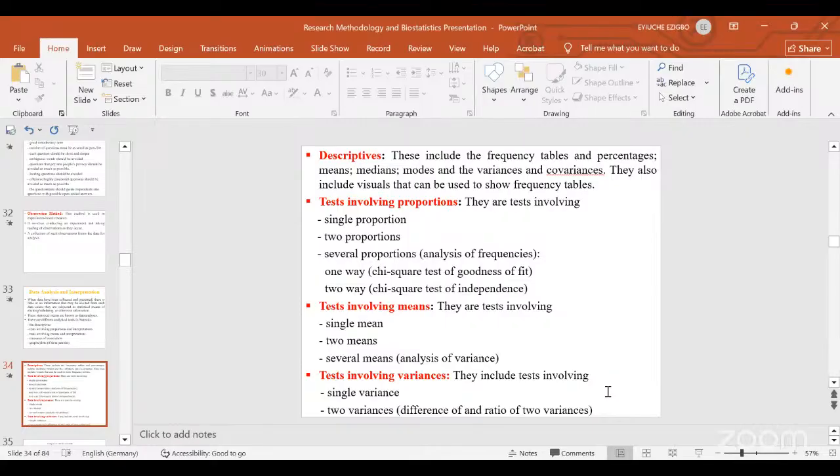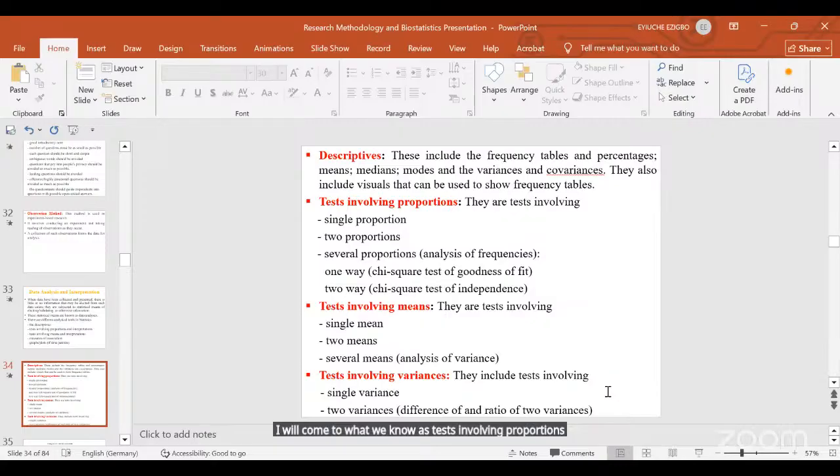So, I have just discussed all of them, but apart from the descriptives which I have given completely, I will now come to what we know as tests involving proportions.